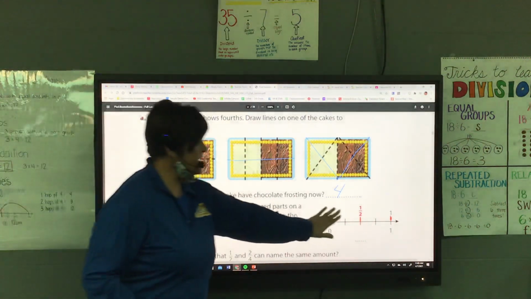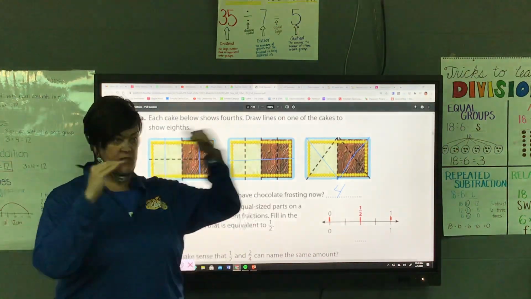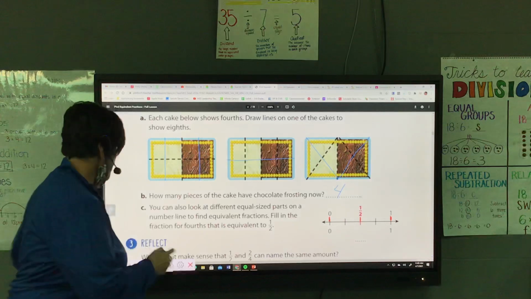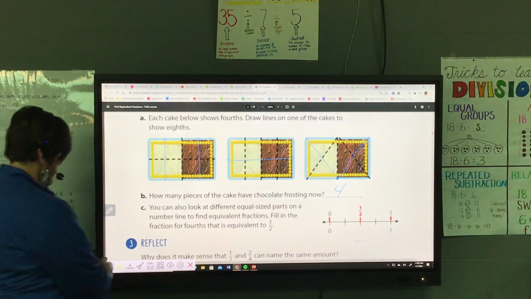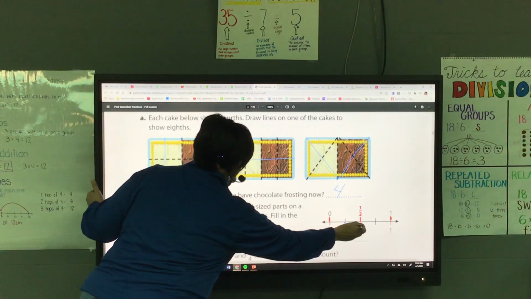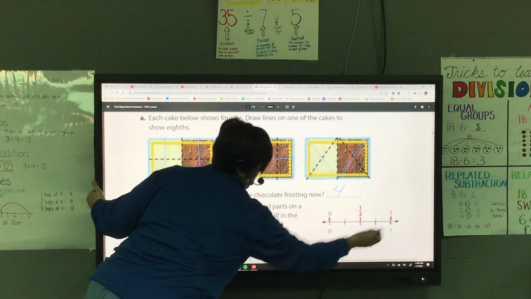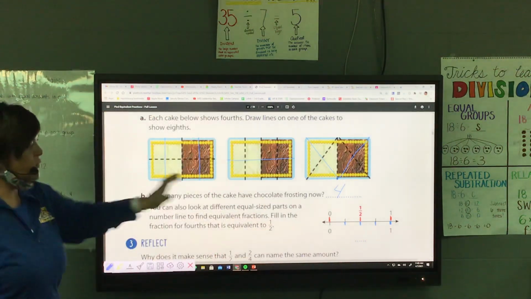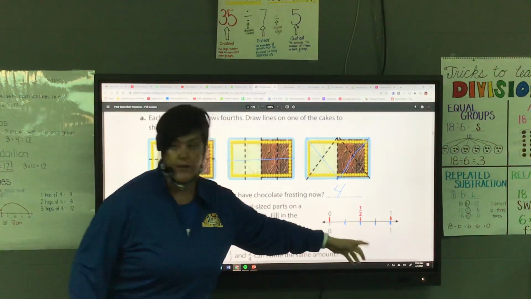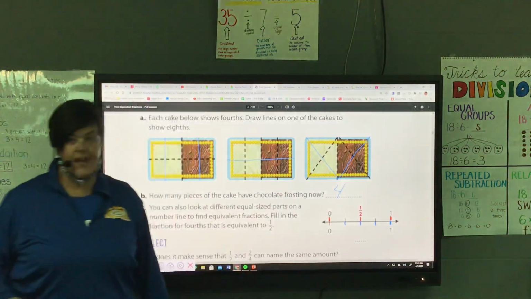They split this number line into 2 equal parts up on the top. But then down on the bottom, they've split it into how many? 1, 2, 3, 4.